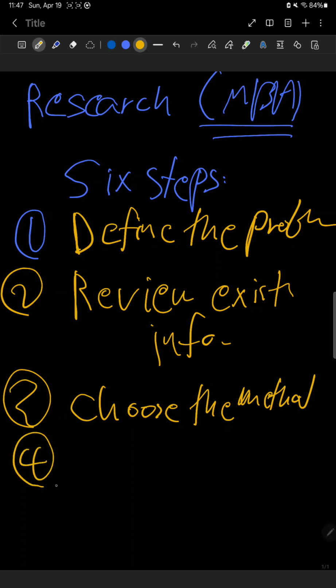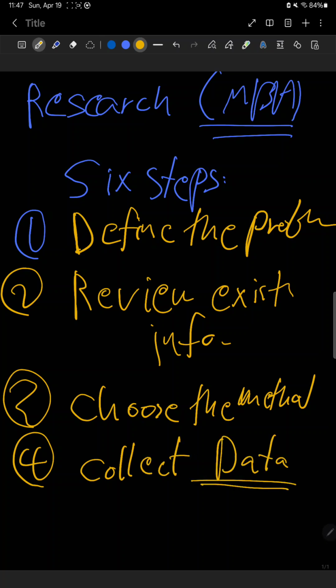Fourthly, collect data. The actual process. A study or research without data, especially in scientific studies, is nothing. Okay, you have a claim, a hypothesis: blah blah blah is related to blah blah blah. X is related to Y. But you don't have data to prove it or not.